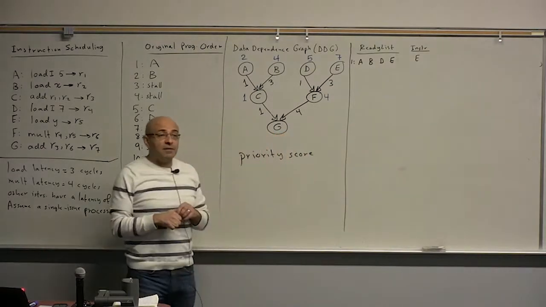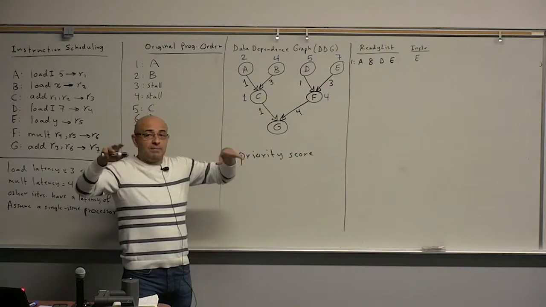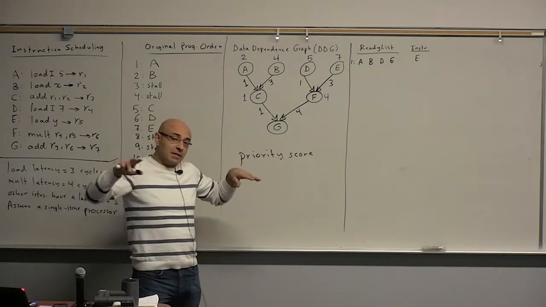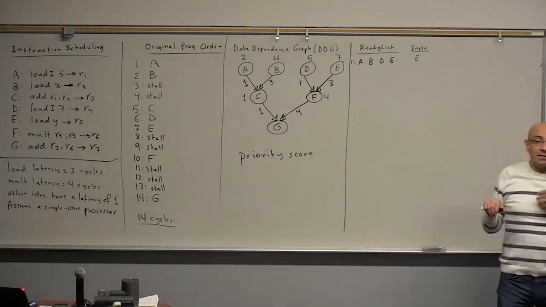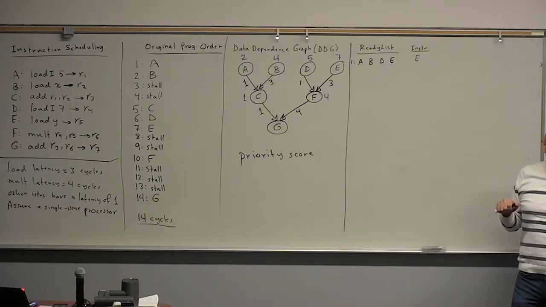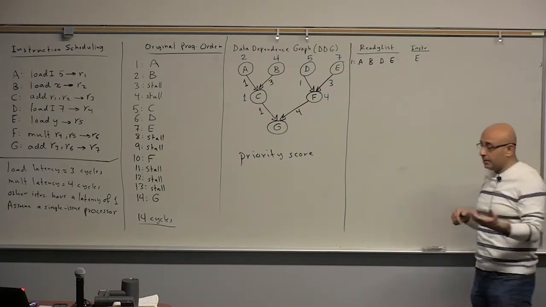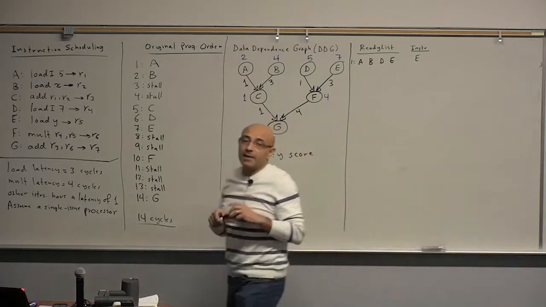So the idea of list scheduling is to always keep track of a list of ready instructions, and then from the ready list, select one instruction according to a certain priority scheme or priority score, and a typical priority scheme is the critical path distance.